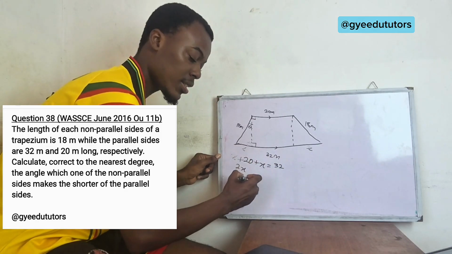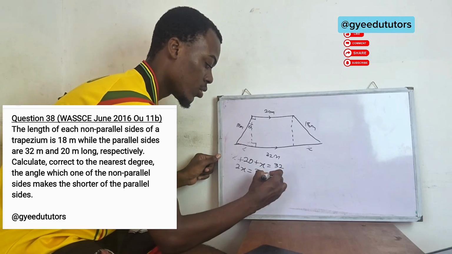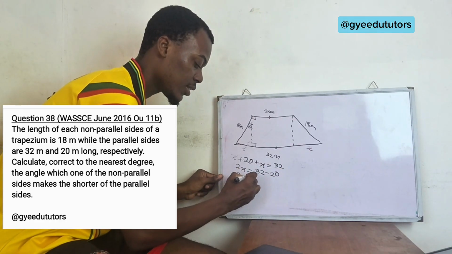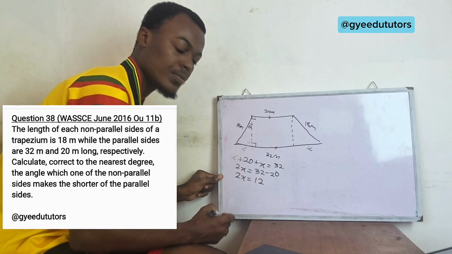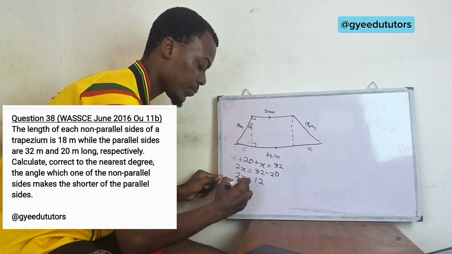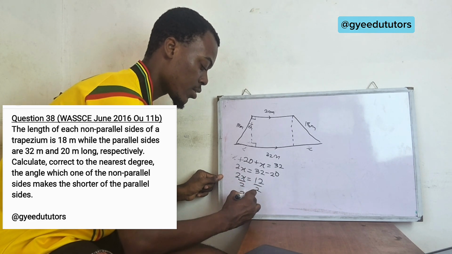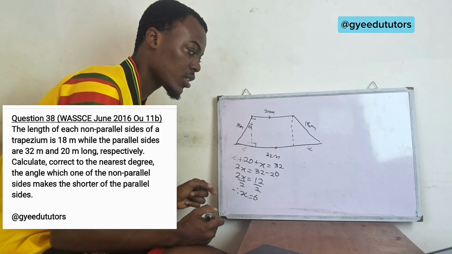We send 20 to the other side: 2x equals 32 minus 20, which is 12. Divide both sides by 2, and x equals 6.